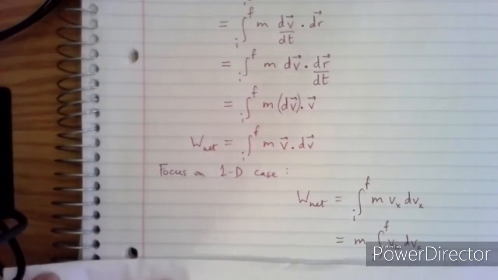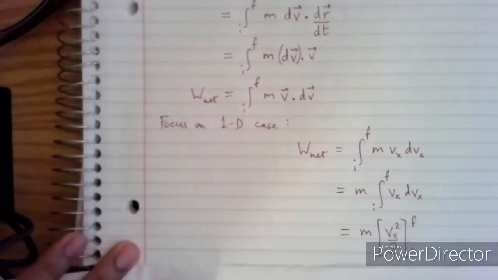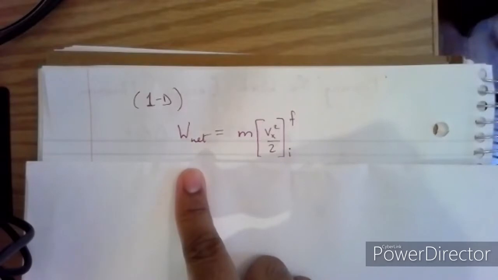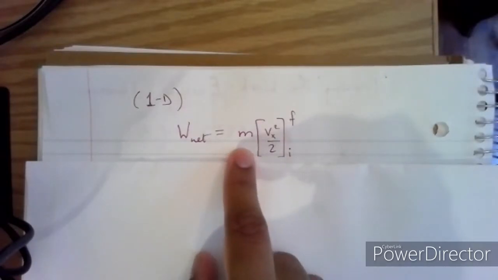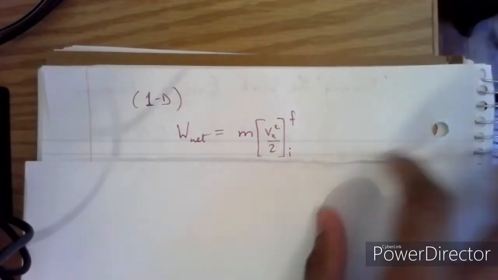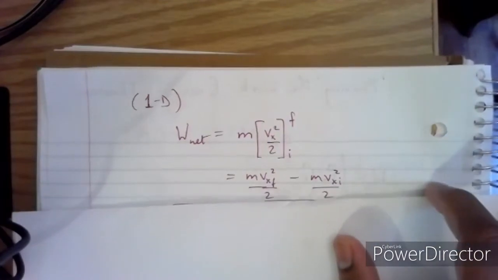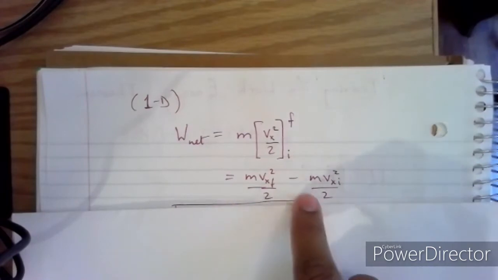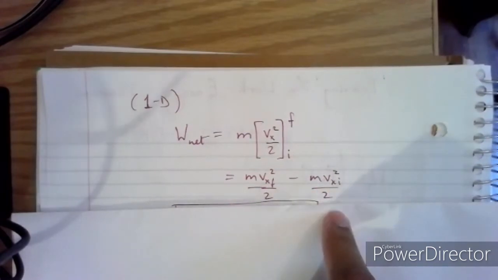So the result is m, and then the result of the integral here is vx squared over 2, evaluated at final and initial points. To recap, we have shown in the 1D case that the net work is equal to mass times vx squared over 2, evaluated at final and initial, but that is simply m vx final squared over 2 minus m vx initial squared over 2.